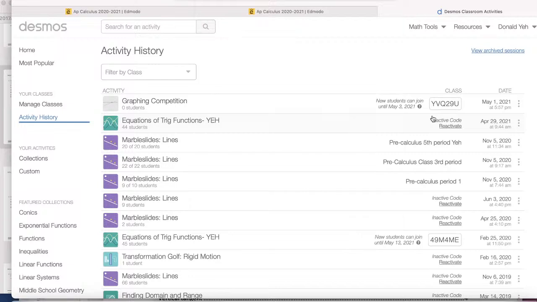Okay, student.desmos.com, and the code is going to be YVQ29U.